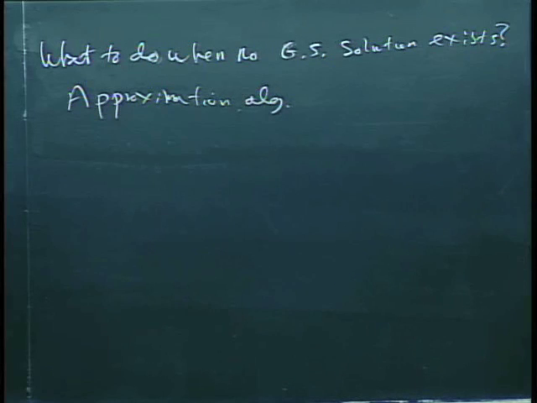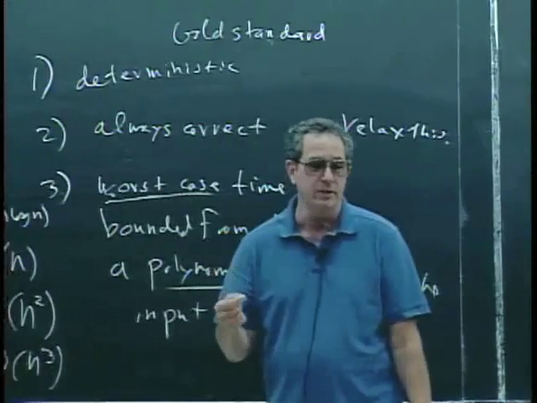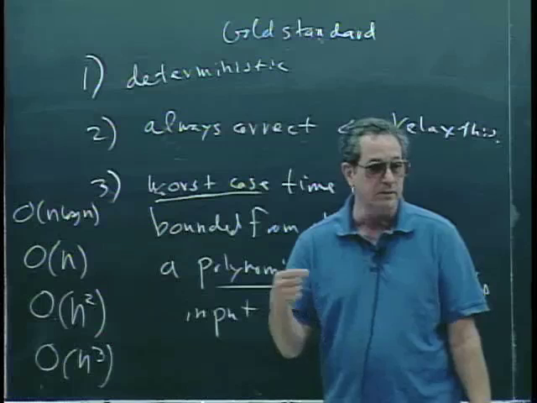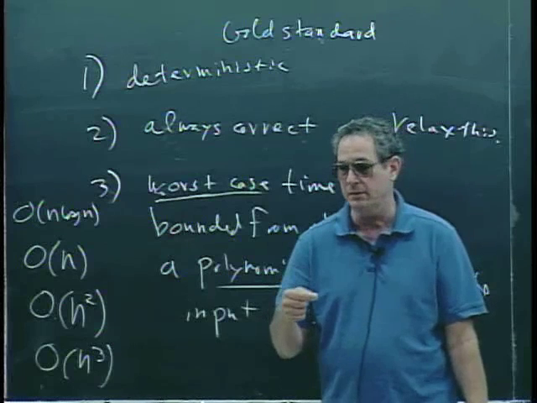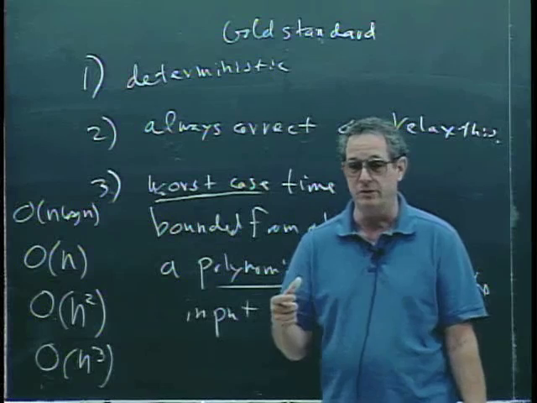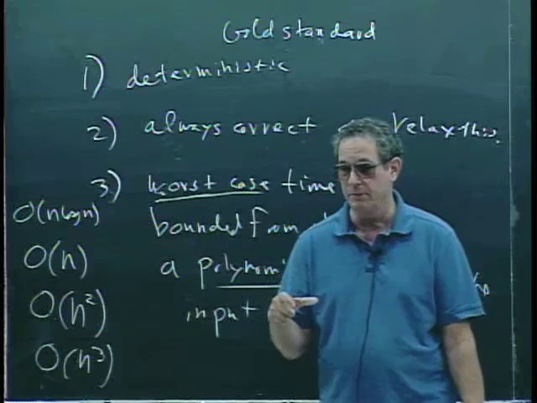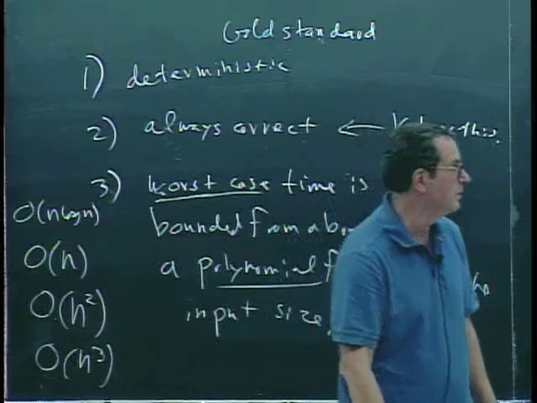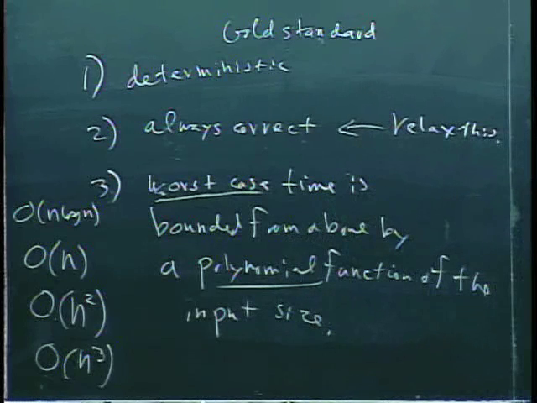If it's a minimization problem, we want a fast, polynomial time algorithm that is not always guaranteed to get the optimal, to get the minimum, but when it doesn't, it doesn't get a solution that's too far from the minimum. So we're able to prove that its deviation from the actual minimum isn't too great. And if it's a maximization problem, then we'd want to prove that our deviation wasn't that great either, but it would be on the other side.